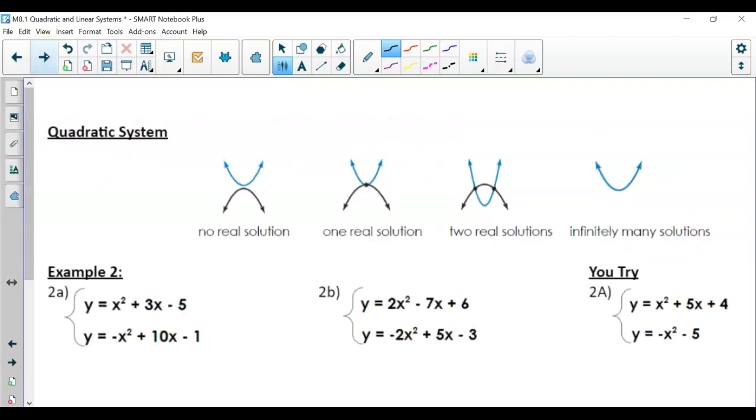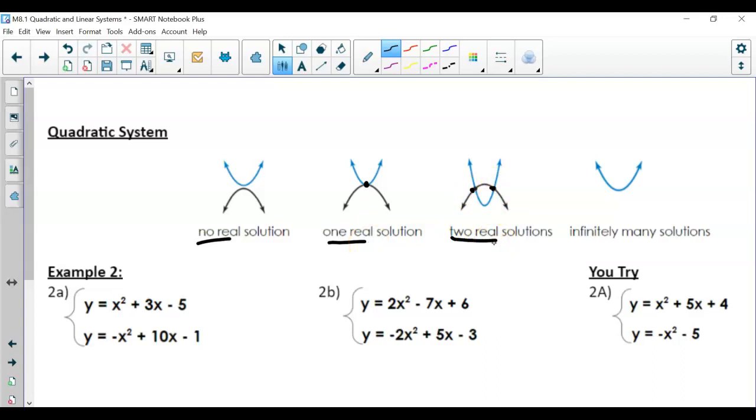If we were to have just a quadratic system, where we have 2 quadratic equations, the 2 parabolas, where it's x squared, now we have a fourth option. Notice again, if they never cross, no real. If they cross at 1 point, 1 real. If they cross at 2 points, 2 real.